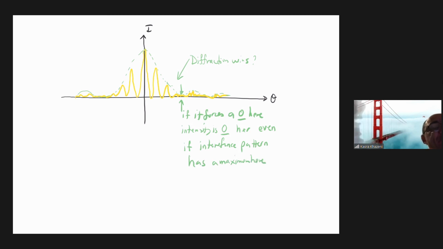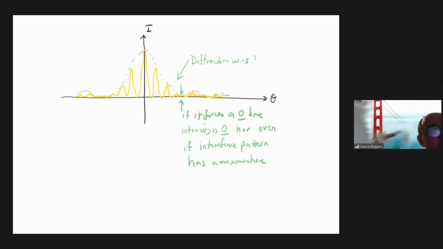So if you go back to the calculation and find that that position has to have a maximum due to the interference, the diffraction says, sorry, according to diffraction, that point is zero. So diffraction wins.